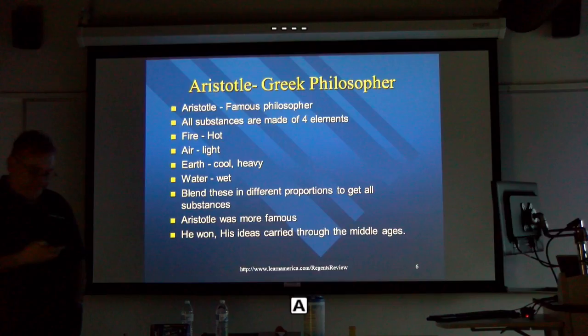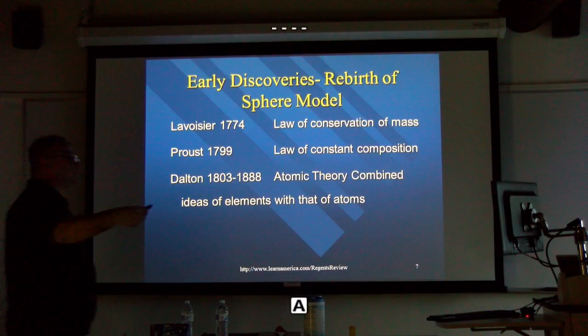It wasn't until the late 1700s, mid-1800s, with the work of 3 main scientists, Lavoisier, Proust, and Dalton, who basically created a rebirth of the hard sphere model. Now, it's very important to follow this history because the Regents will ask you a sequence of the history of the atom, typically in a multiple choice question, which we'll see later on in the presentation.